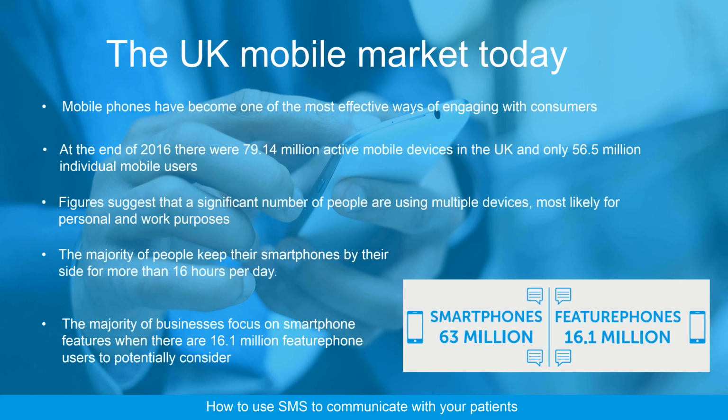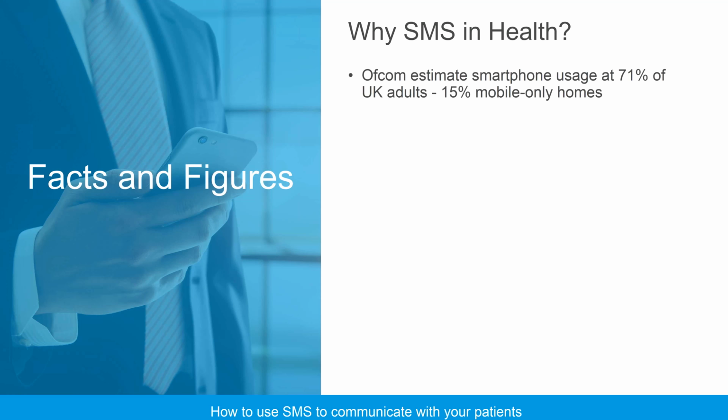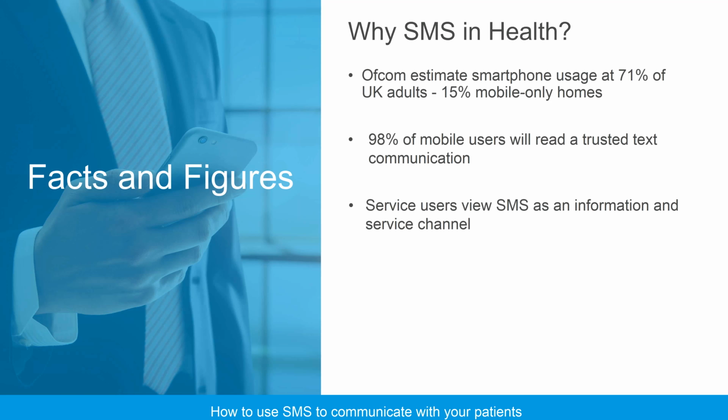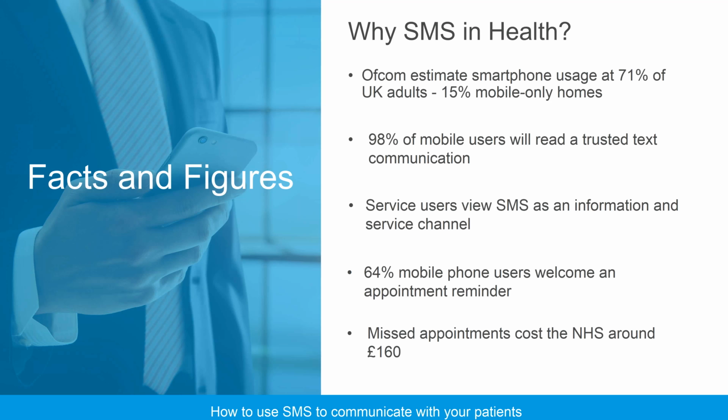So let's have a look then at what this means for the health sector. Some people may say that it's more prevalent for younger people to use a device. However, the reality is quite different. If you look at the number of over 75s with a smartphone, I'm sure you'd be quite surprised.